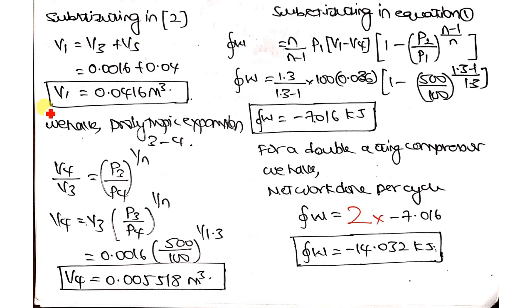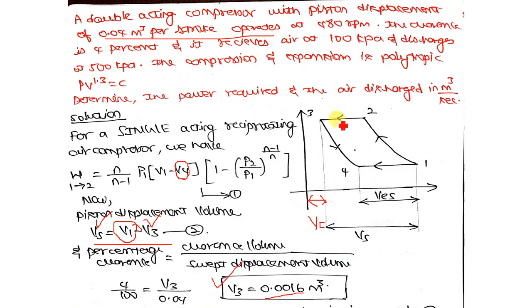Okay. Next, you can apply the PVT conversion equation for the process 3 to 4. So what is process 3 to 4? Where is that? This is your process 3 to 4. Which process is it? It is expansion. Which expansion? It is polytropic expansion. For polytropic expansion, what is the PVT conversion equation?